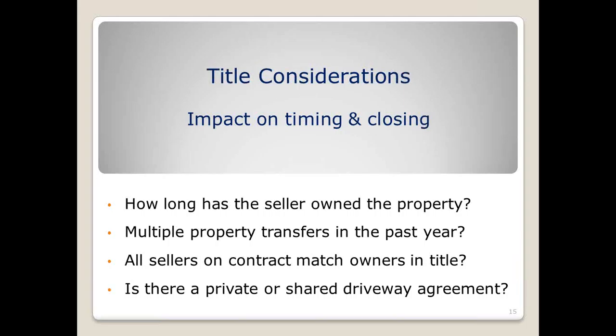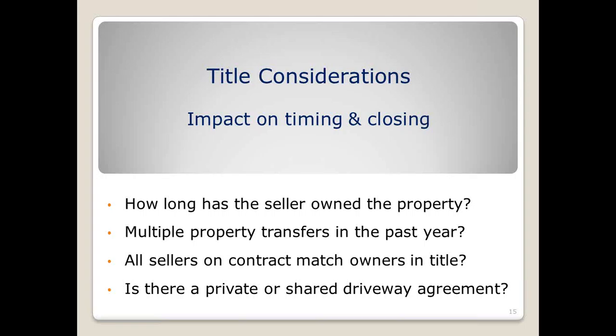Title considerations. How long has the seller owned the property? This has an effect on the flipping rule with the variety of different loan programs, and depending on how long it has been, and if the previous owner was a bank or an individual, it has an effect. As a good lender, when we get a contract, we need to know about that.